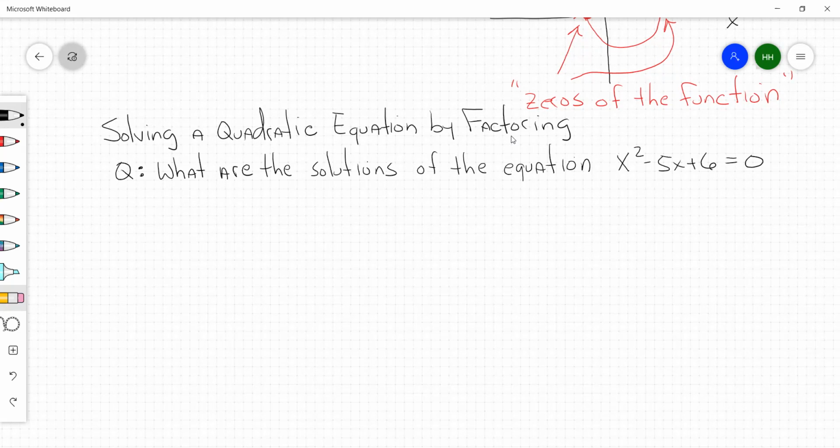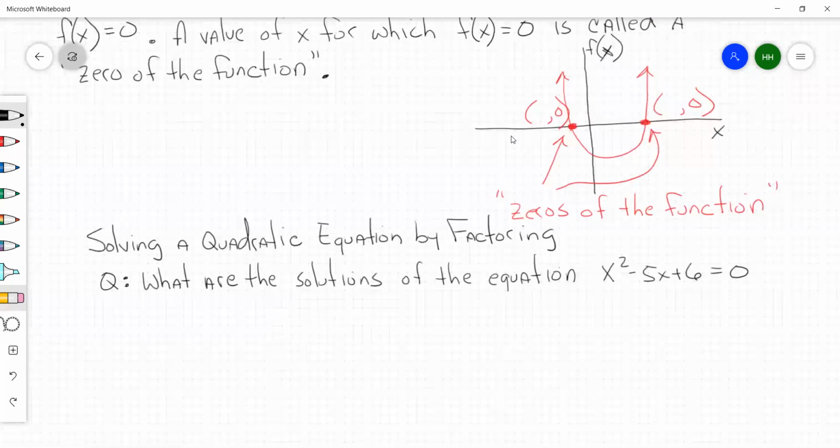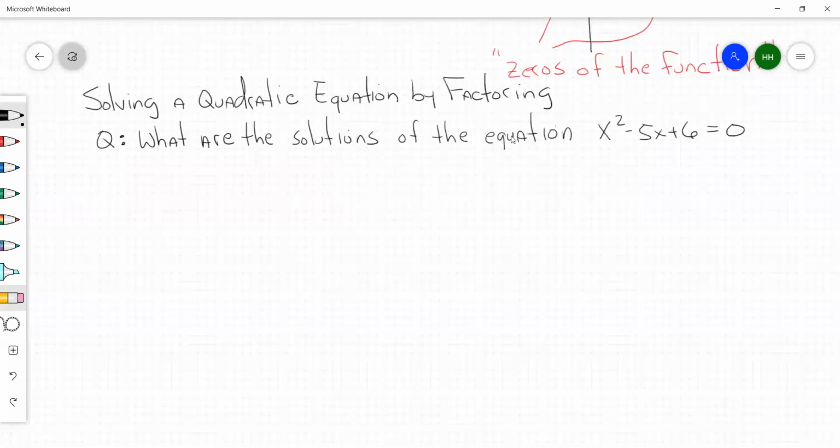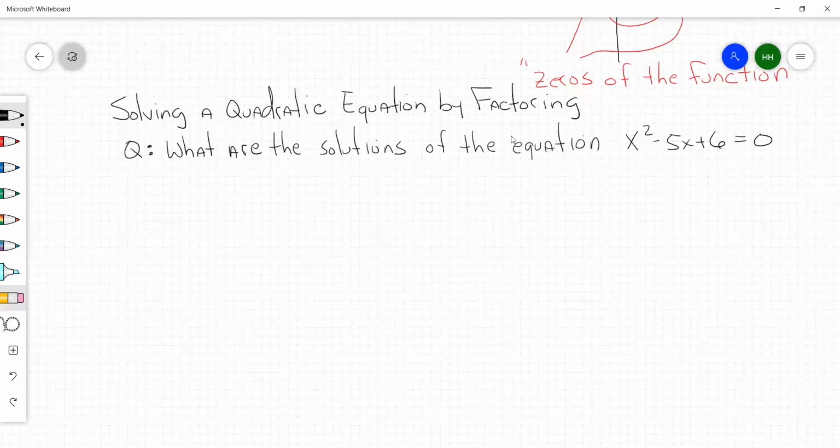Now, by this equation being set to 0, you're making the equation equal to the f of x, or the function equal to 0. So you're going to find the x values, or the 2 points where the function hits the x-axis. And today you're going to be doing it by factoring.